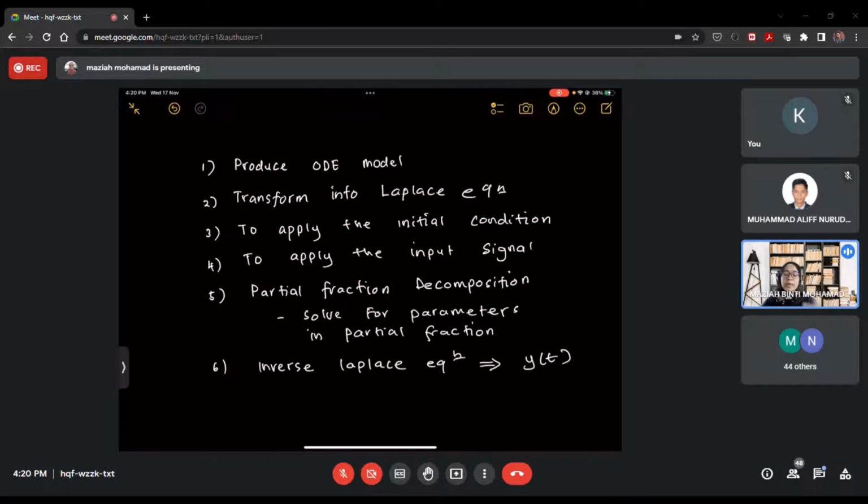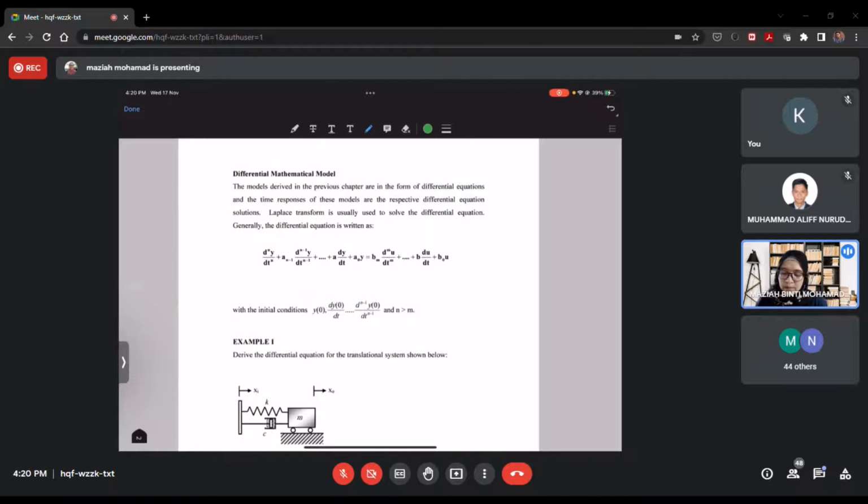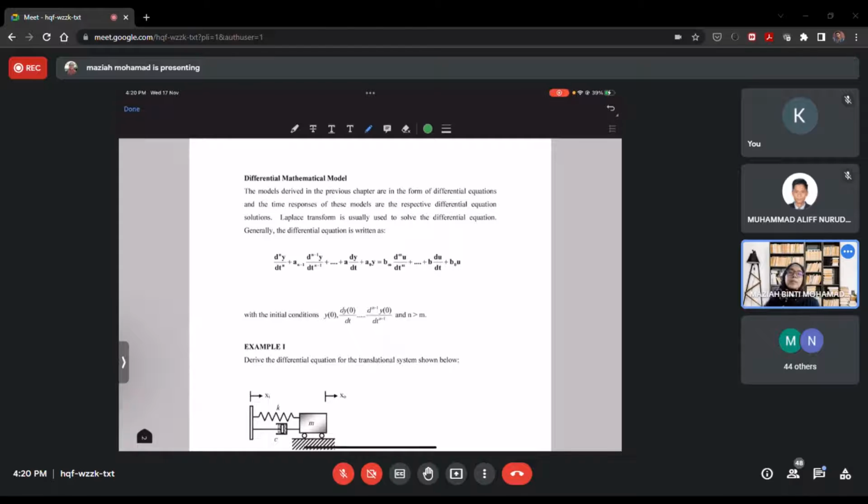I believe you're already familiar with all these steps, except now we are going to apply them in the form of a control system. All right, so this is the first step: to produce the ODE model, the mathematical model, the ordinary differential equation model for a dynamic system, for a control system.